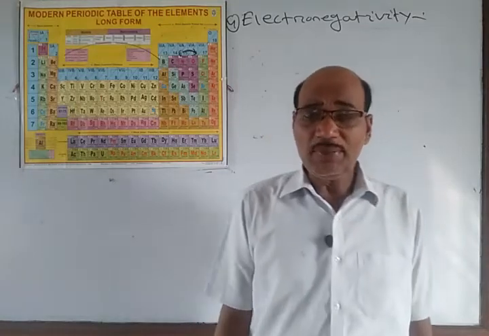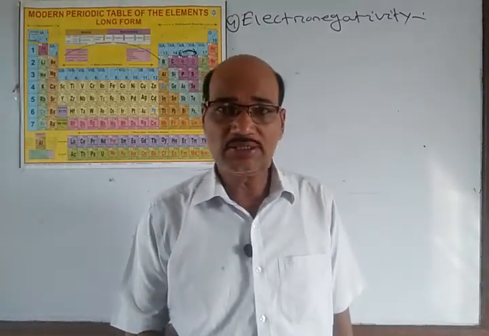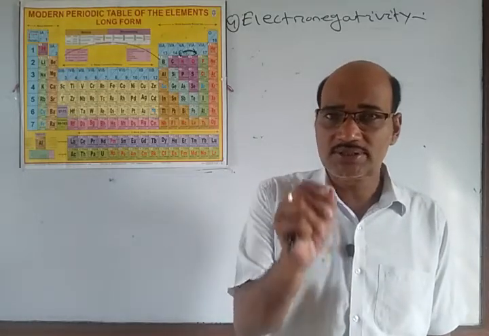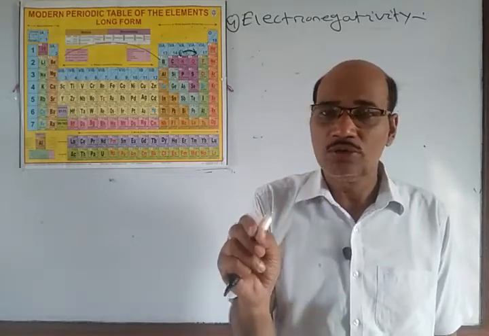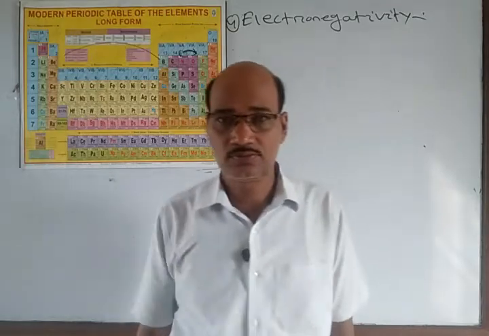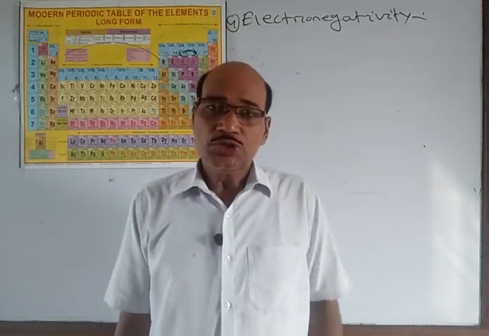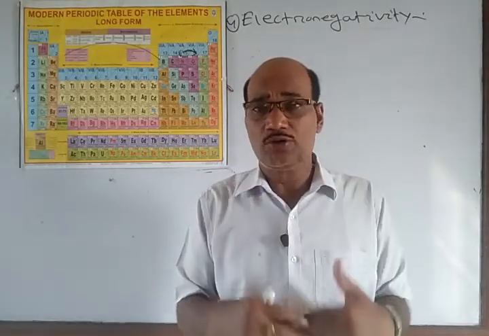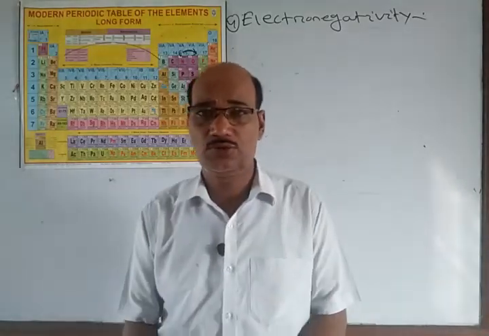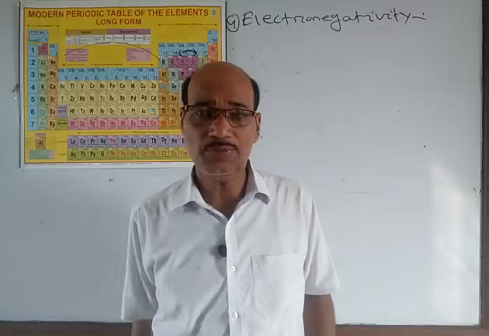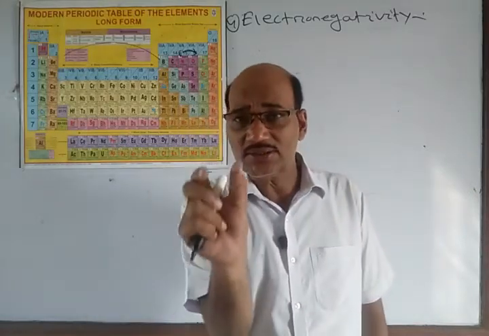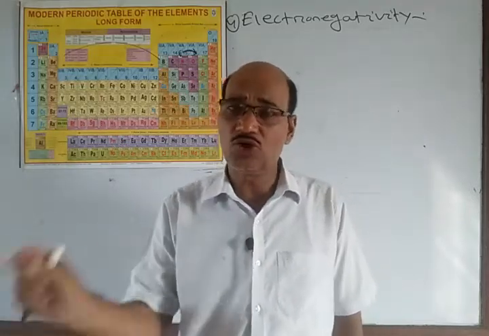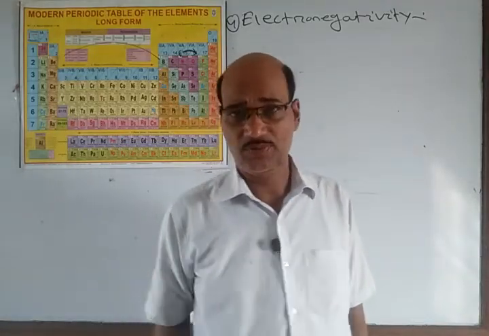Electronegativity is the amount of energy needed to attract a shared pair of electrons between two atoms. Whenever two atoms are sharing electrons to form a covalent bond, which we will discuss later, to attract that shared pair of electrons they need energy, and that energy is called electronegativity.